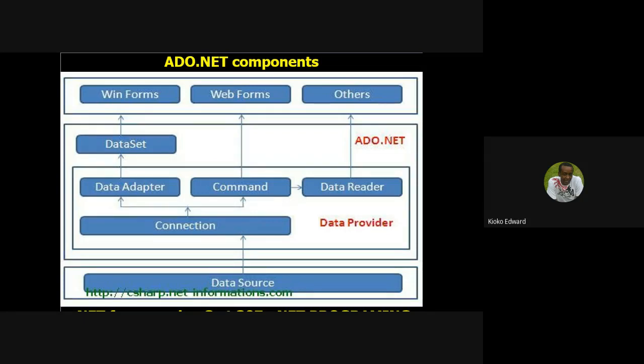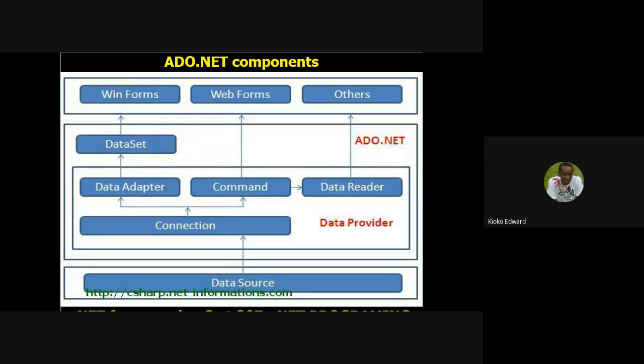As the diagram suggests, it's the connection that enables us to connect to a certain data source. By data source, we mean the connection object will enable us to connect to a certain database, which could be Oracle, SQL Server, MySQL, or any other kind of database we want to connect to.